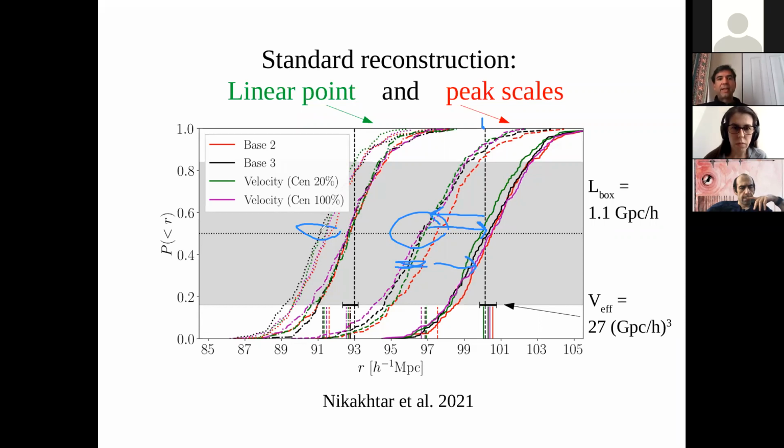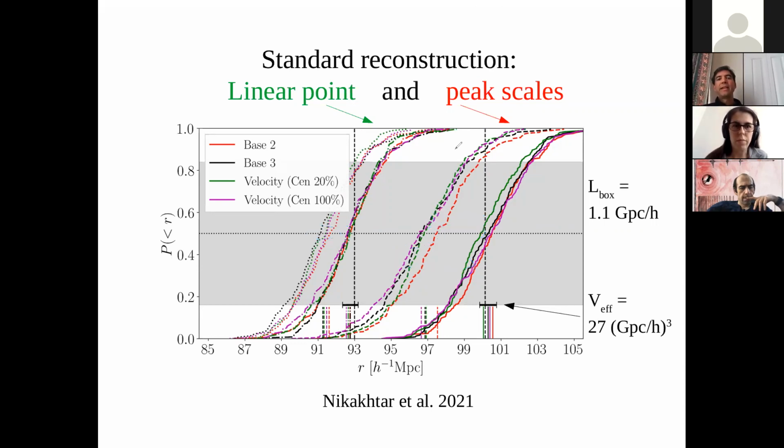Here is the linear point. So you can see that the linear point shifts much less than the peak position does. And once reconstructed, there's a lot smaller scatter. So it's much less sensitive to different halo bias schemes. Okay, so it's robust.